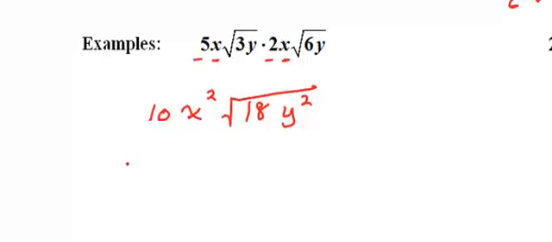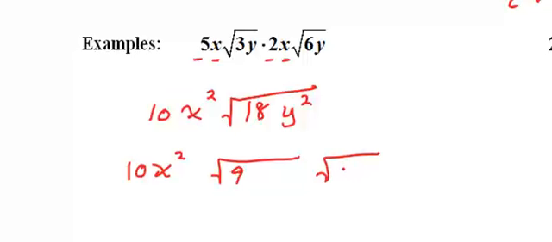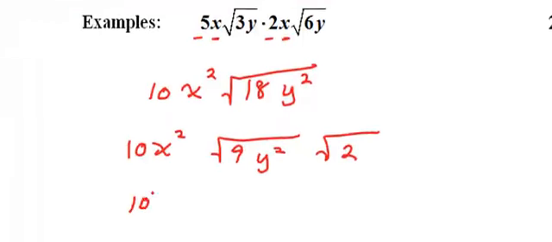Now we try to simplify our radical. We have 10x squared, and now we're going to put our perfect squares and whatever's left. Well, 9 goes into 18 twice. y squared is a perfect square. So we have 10x squared times these are all perfect squares.